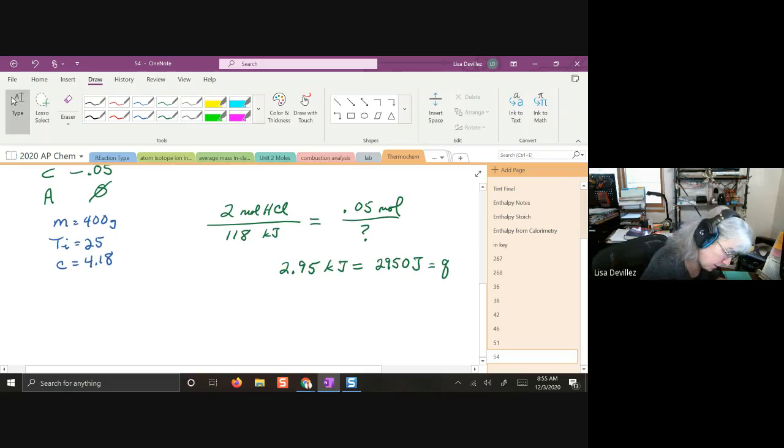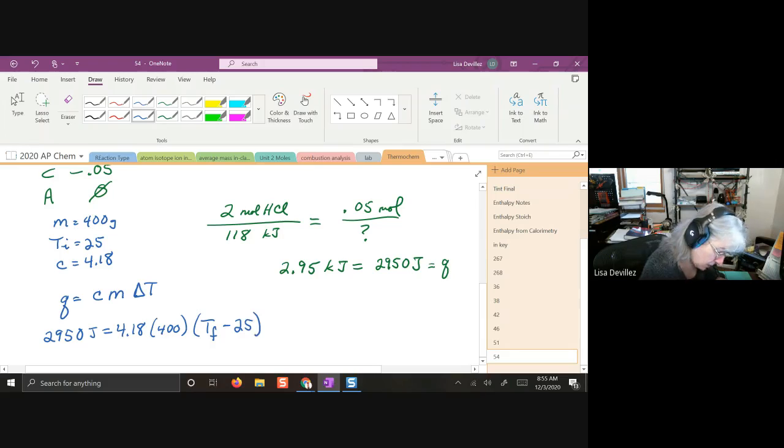Okay, so Q is C m delta T. So 2950 joules is equal to 4.18 times 400, and then I'm solving for T final.